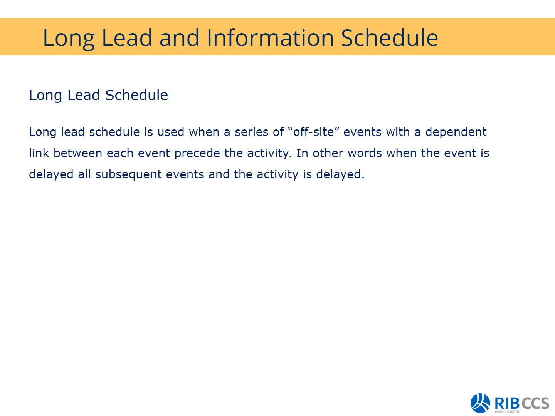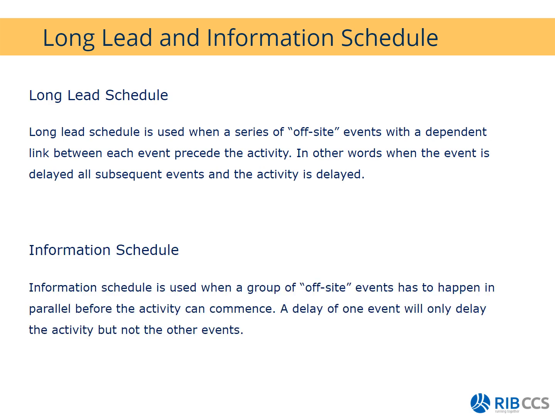Whereas my information schedule is used when a group of offsite activities has to happen in parallel before an activity can commence. That means a delay in any of these activities will not affect the next event. It will have a direct impact on your actual activity, however.